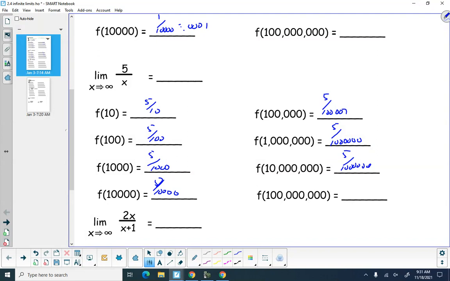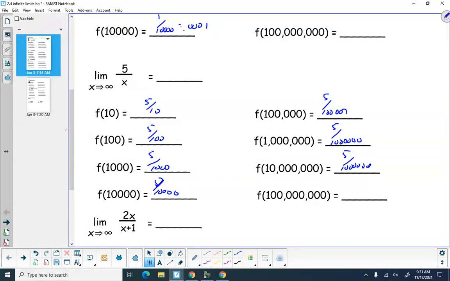As we put in our values of x and solve for y, what is our y value getting closer to still? 0. I got 5 tenths, 5 hundredths, 5 thousandths, 5 ten-thousandths.